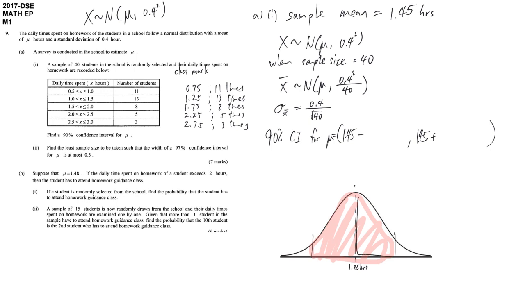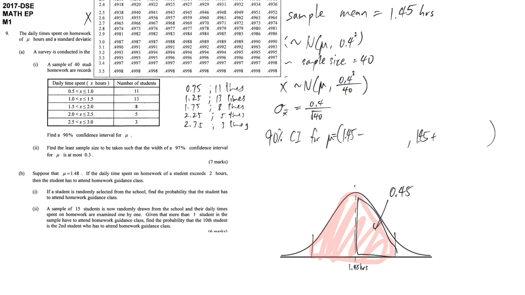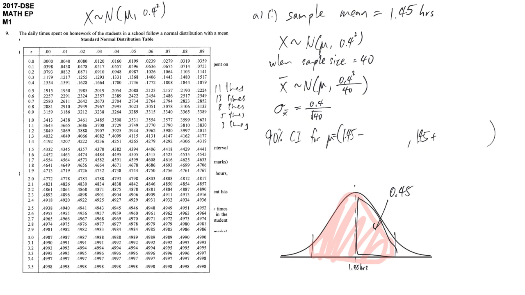Therefore, if we look at half of it from the standard normal distribution table, we are searching for the area equal to 0.45. We search 0.45 here, and we find that it is exactly in the middle between these two values. Therefore, the corresponding standard score should be between 1.64 and 1.65.